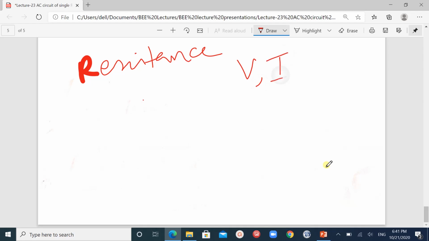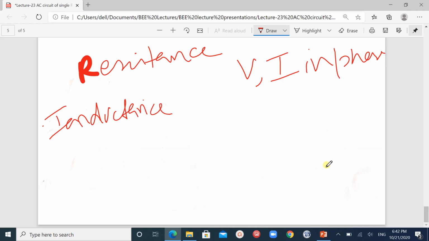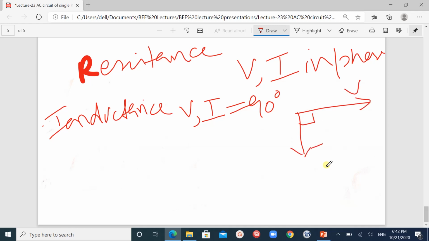voltage and current are in phase with each other. In the case of inductance, voltage and current are 90 degrees apart, and voltage leads current by 90 degrees. This is voltage V and this is current I in the case of inductance.